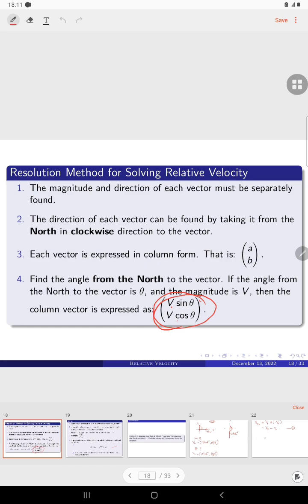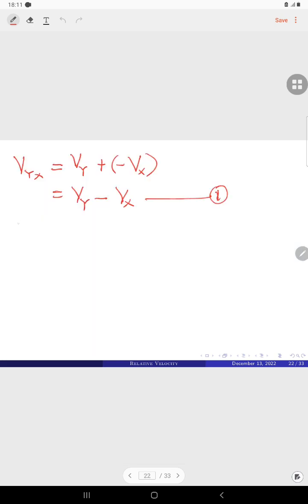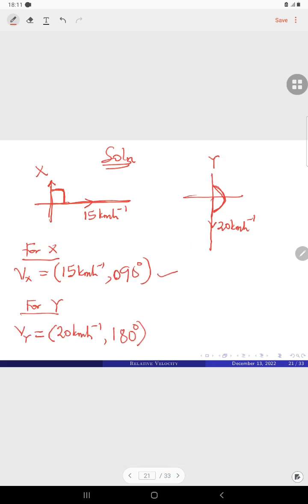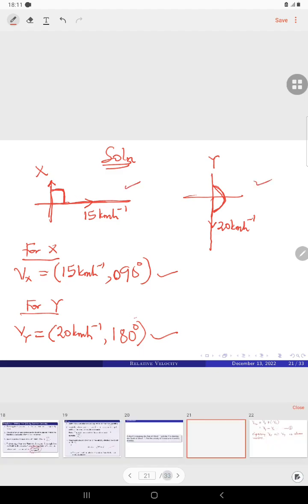So we write here, expressing Vx and Vy as column vectors. How do we express them as column vectors? We can express them from this thing we wrote. When you know the angle from the north, look at this. Very simple. And how did we get this? We got this from the diagram here. I hope you are following.